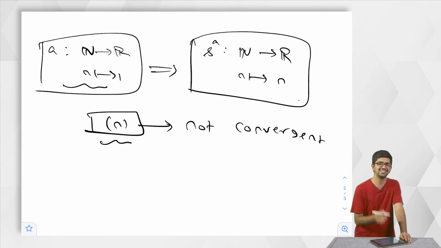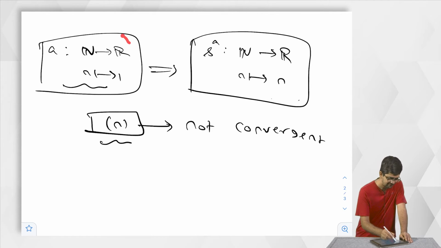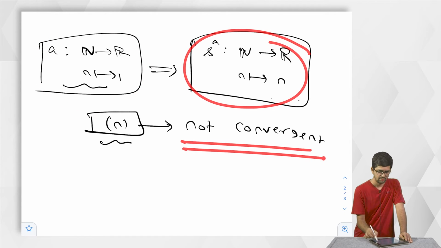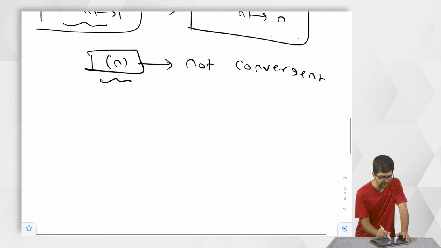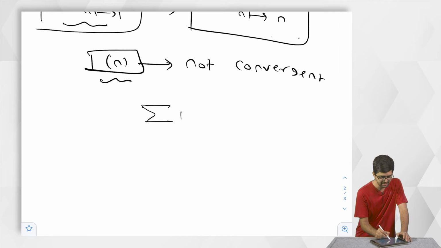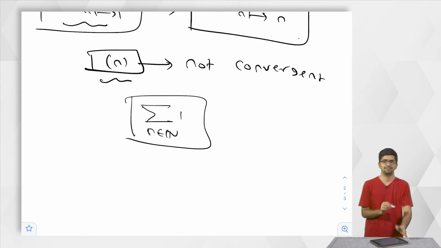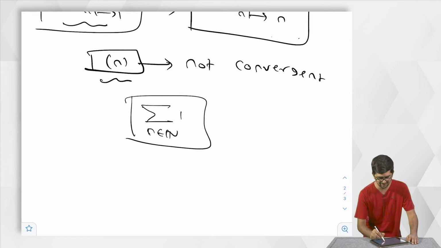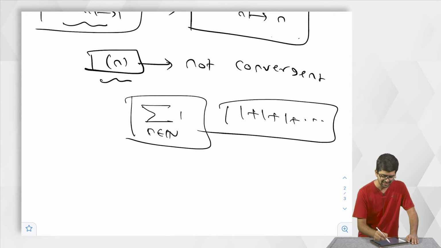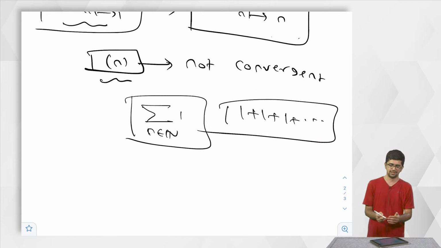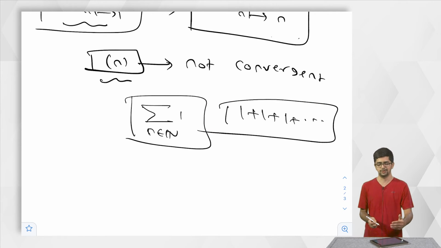It is a positive thing, believe me, it is not a negative thing. So for this kind of simple sequence, the sequence of partial sums is not convergent, so this notation, 1 plus 1 plus 1 and so on, does not have any meaning according to whatever I have said till now.